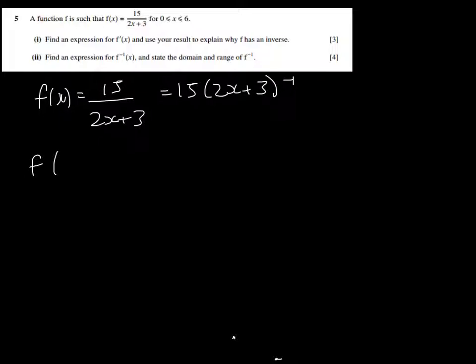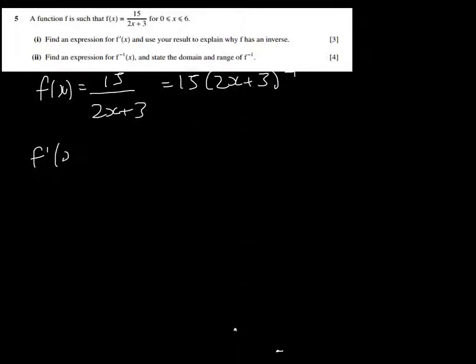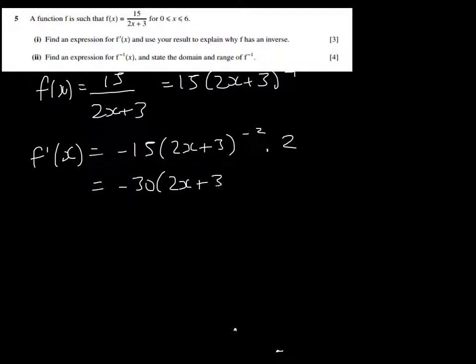So then when I differentiate it, I'm going to get negative 15, 2x plus 3 to the power of negative 2, and because it's a composite function, I've got to make sure they also multiply by 2, and that comes from differentiating 2x plus 3. So if I tie that all up, I'm going to get negative 30, 2x plus 3, all to the power of negative 2.